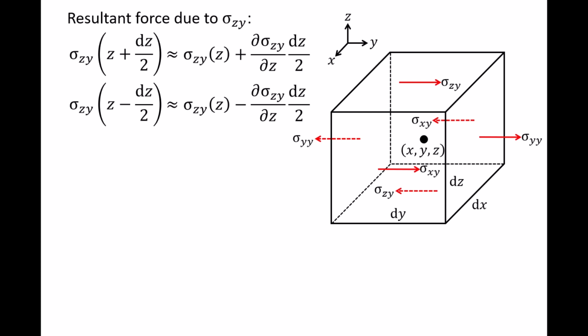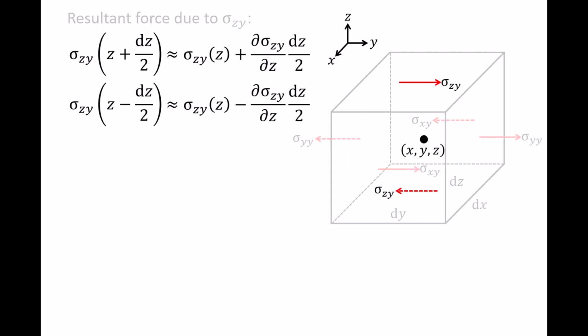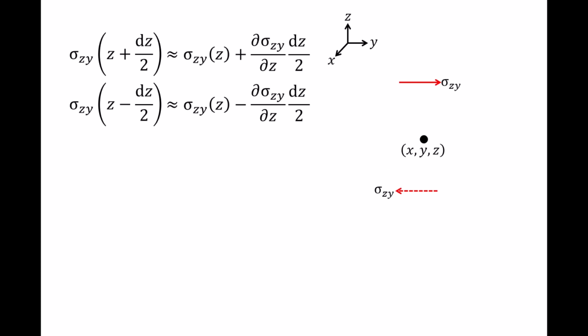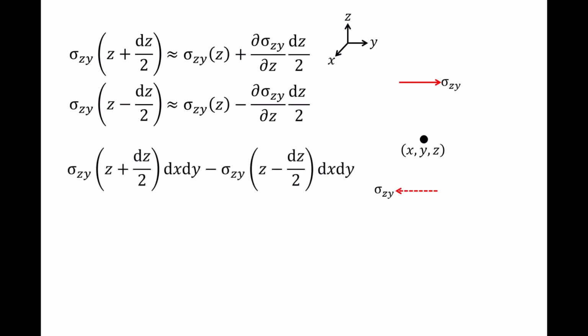In order to find the resultant force due to the stresses sigma zy, we multiply the stresses by the area on which the stresses act. So we multiply sigma zy by dx dy to get the forces caused by sigma zy. The resultant force due to sigma zy is sigma zy at the top surface times dx dy minus sigma zy at the bottom surface times dx dy.